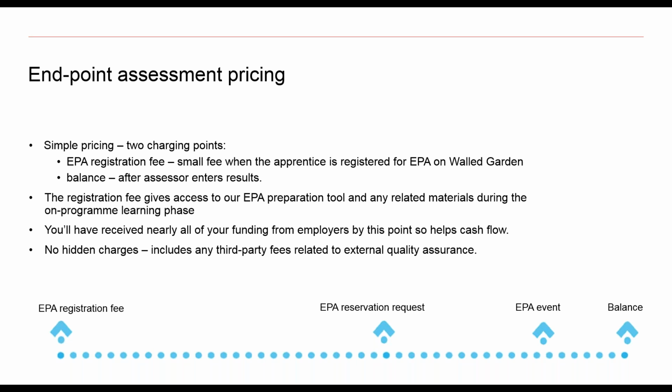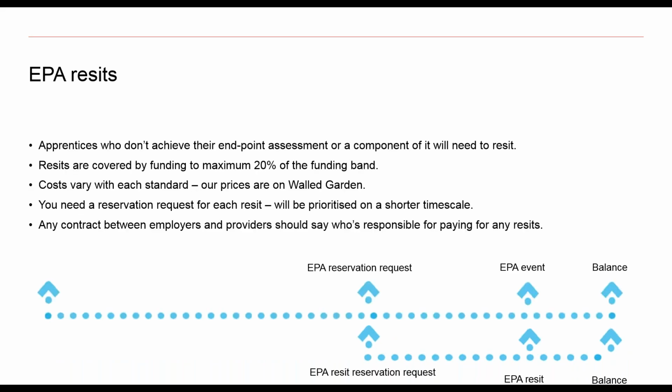What we're trying to do with this is to support you with the way that your funding will be coming in on a monthly basis, so that you're not having to make large payments all at once. And the resits are similar in that respect.